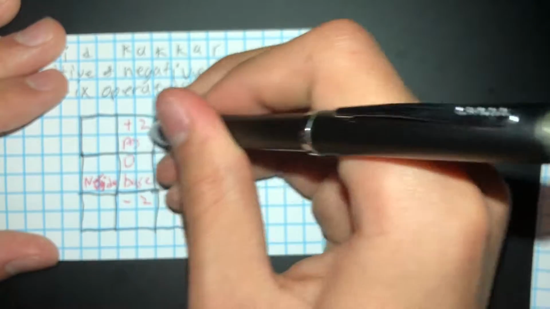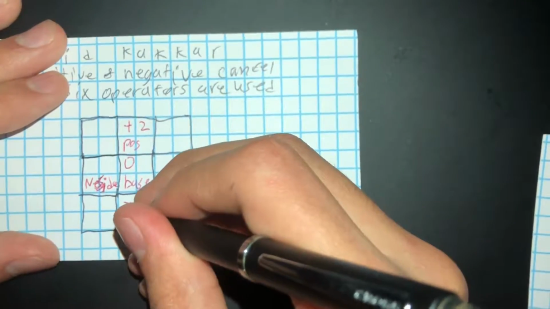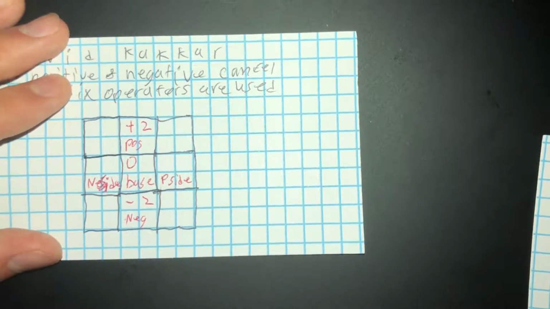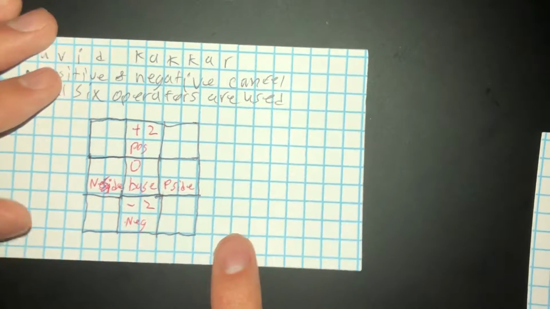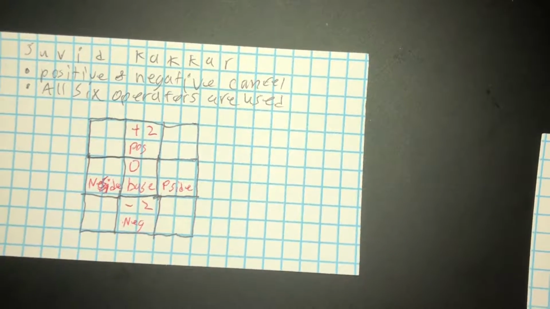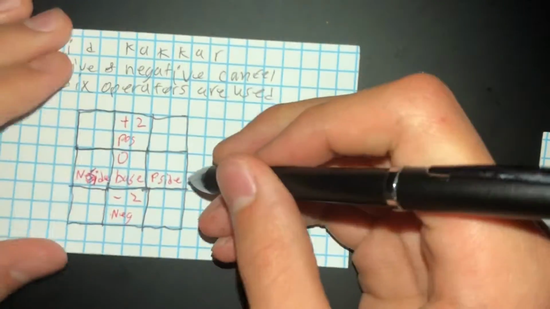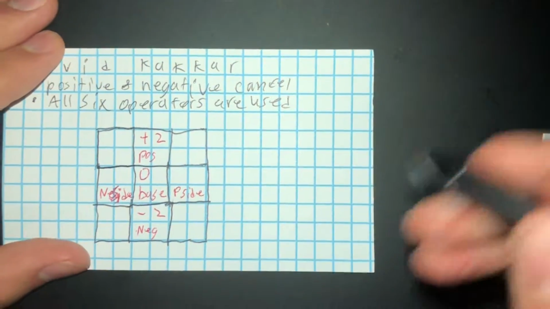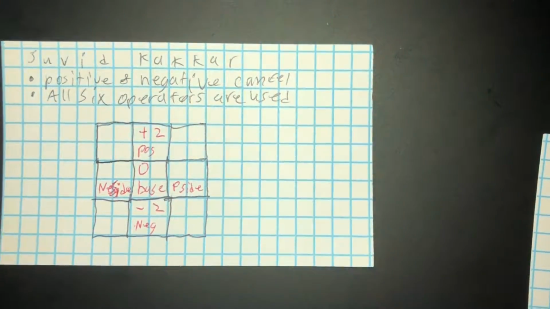This is obviously positive, and this is obviously negative. So now what do we do? Well, for the positive side, everything revolves around 1. Because 1 is... I should probably write this down.